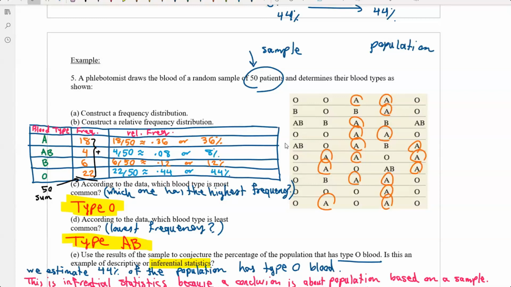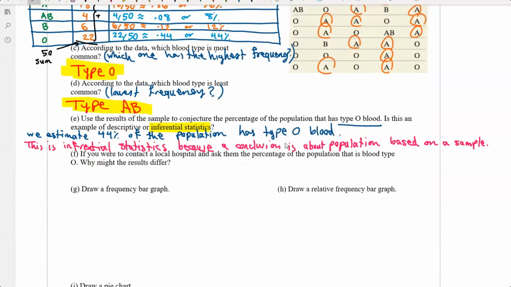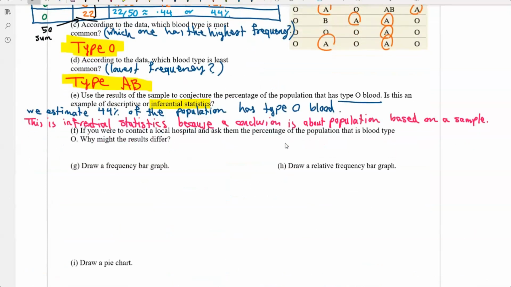So it's not the same because of having a different sample.